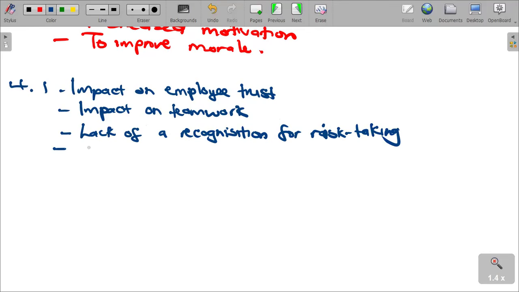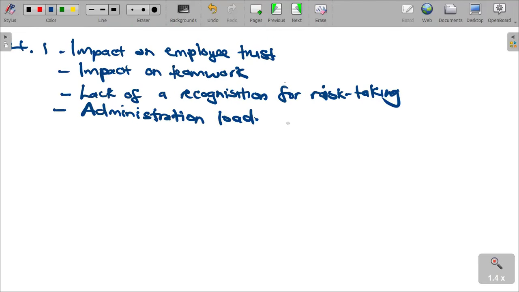And also you can find that it results in administrative overload, whereby there is too much paper load on supervisors and managers. And then you can find also that the performance measurements are very poor. Poor measurements on performance.